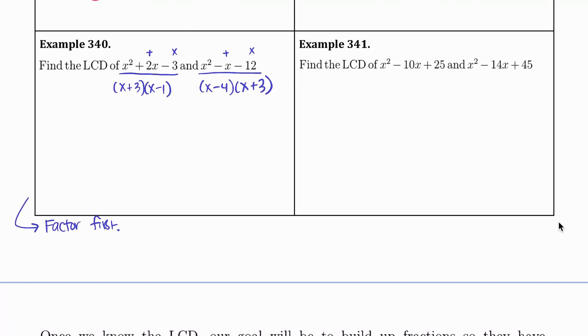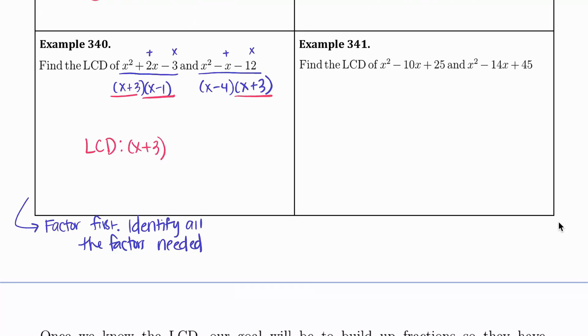Okay, so we're going to factor first, and then we're going to identify all the factors needed. All right, so let's look here. They both have an x plus 3, so that's going to be in our least common denominator.